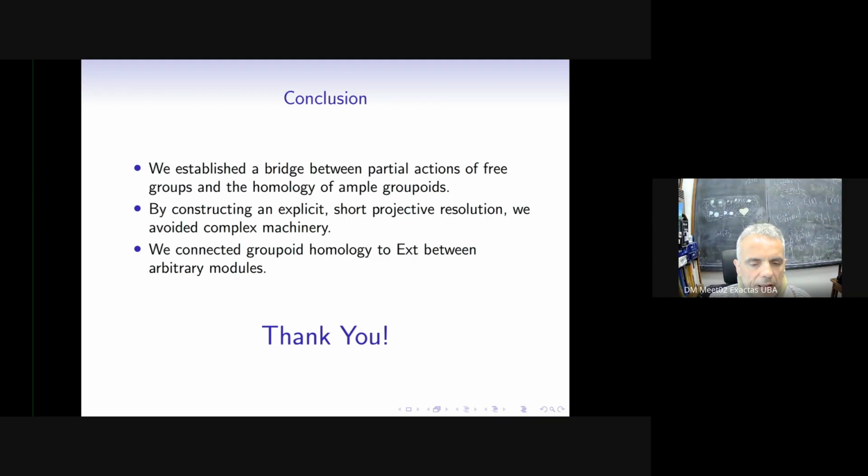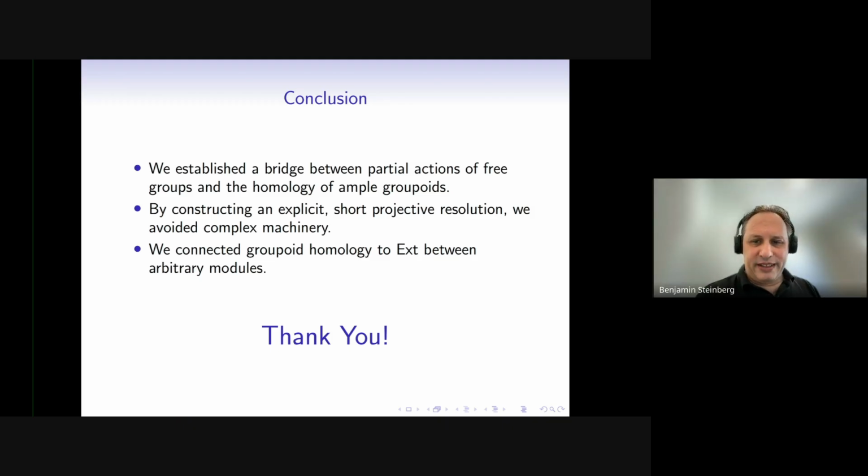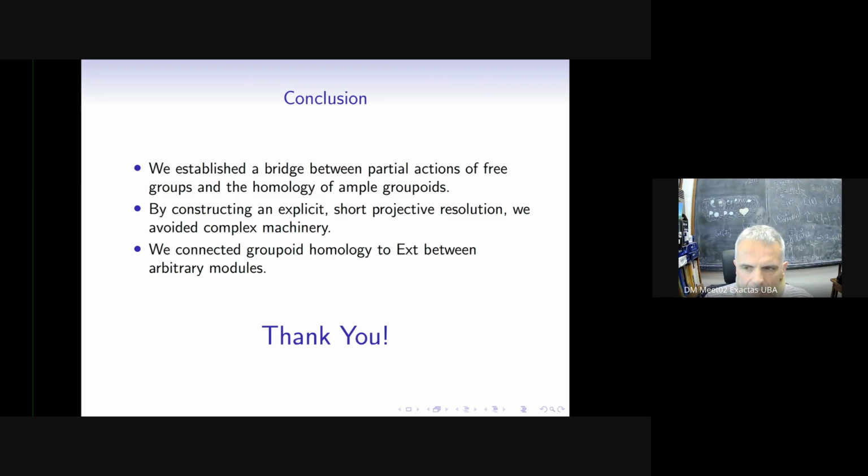Well, suppose you wanted to compute Hochschild homology. I think there's a paper of Misha Dokuchaev and Kryzhevich where they use the inverse semigroup, but they could use the groupoid instead to look at the Hochschild cohomology using that.